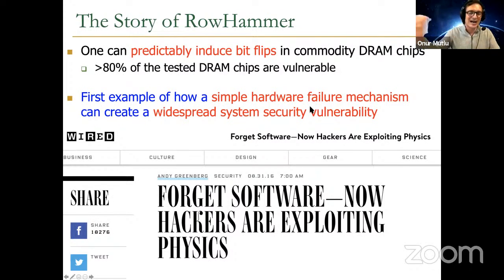And I think this is a very good high level induction into Rowhammer, because it's really about physics in the end. It's about how different transistors and different physical structures affect each other. The noise in one structure affects the noise in some other structure. As a result, you get a bit flip, and then you can exploit this bit flip in software.